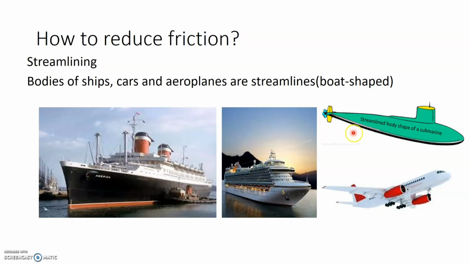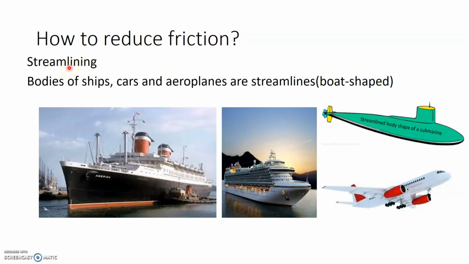As you see here, in the case of an aeroplane, as it moves in the air, there is friction due to air. This streamlined shape of the aeroplane will help to reduce the effect of friction caused by air. That is why boats and ships especially have streamlined bodies in order to reduce friction.